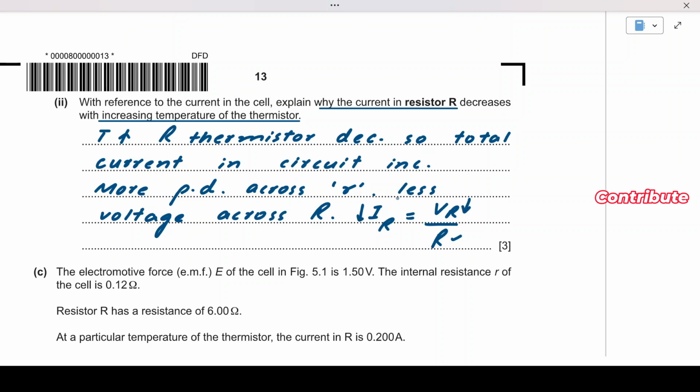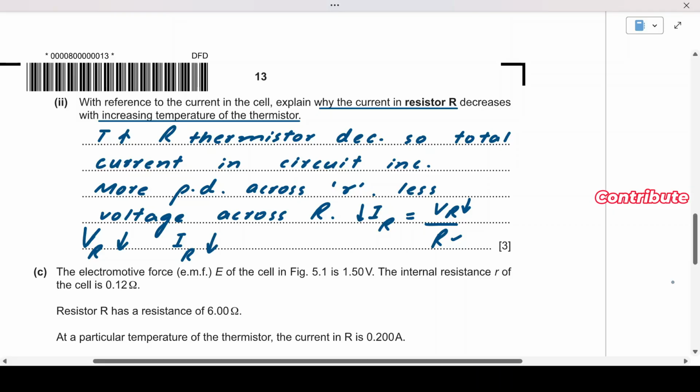That's why the current will decrease. So the voltage across R has been decreased. That's why the current through resistor R will be decreased. This is one way of answering. The other one is the answer in terms of the sharing of the current.